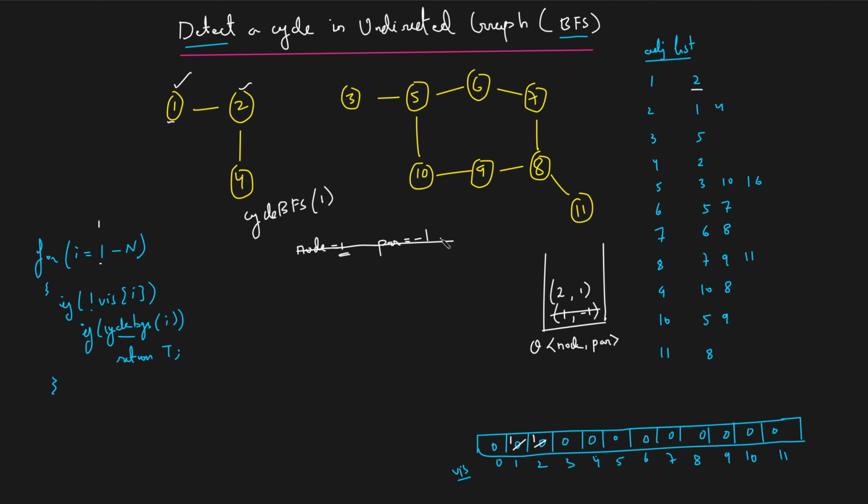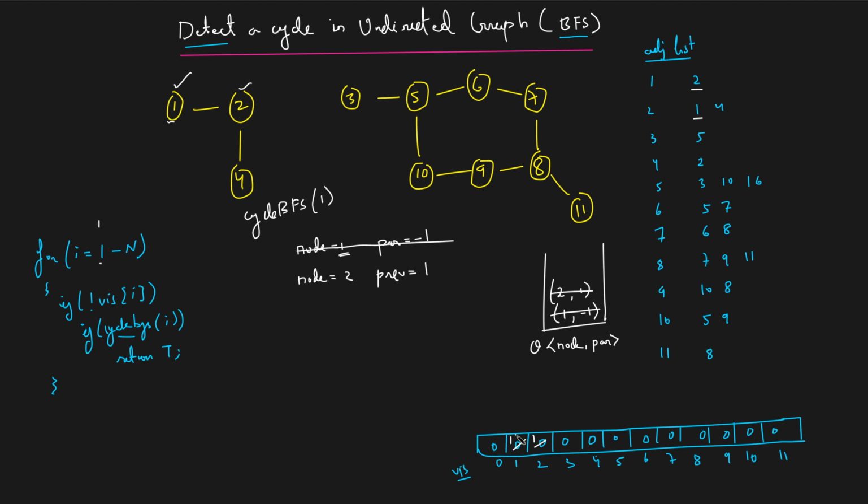Next time, again you check which is the topmost value at your queue. So the value that you get is 2. What's the previous node? 1. So now if you check out what are the adjacent nodes of 2, the adjacent node of 2 is 1. So you check out, is that visited?